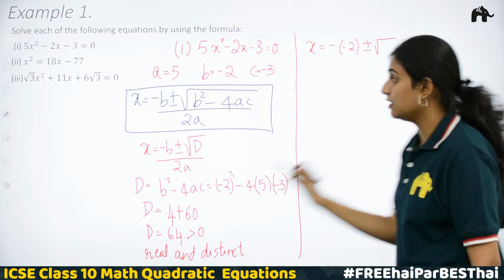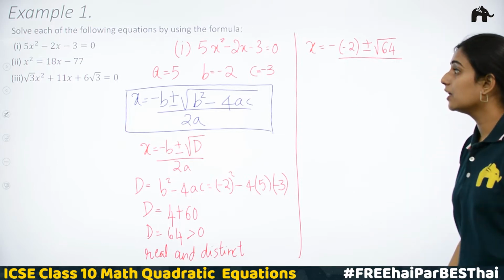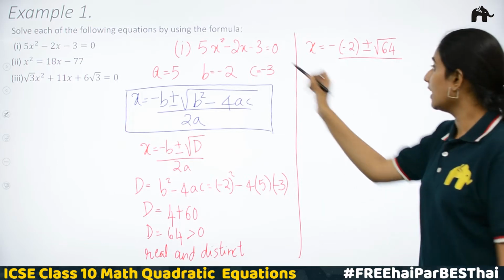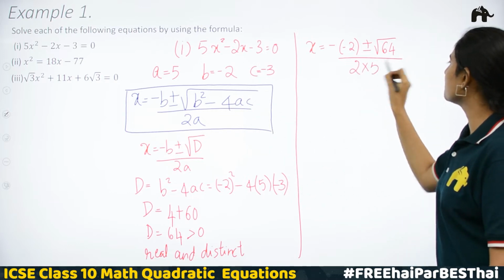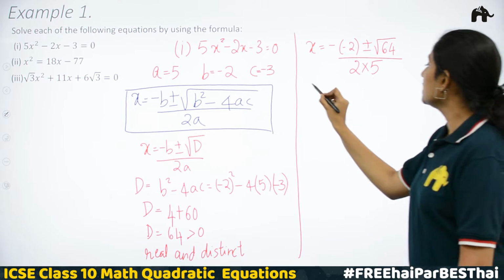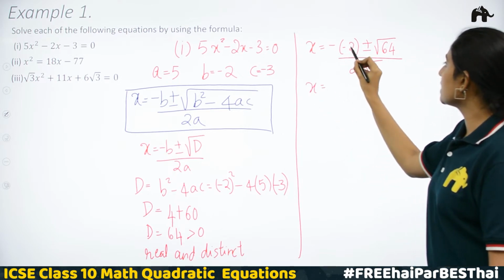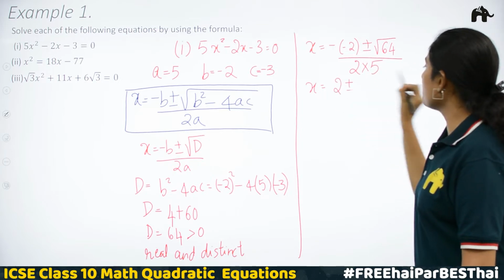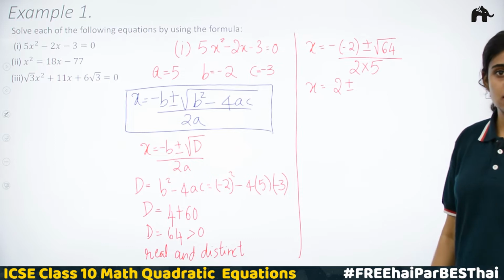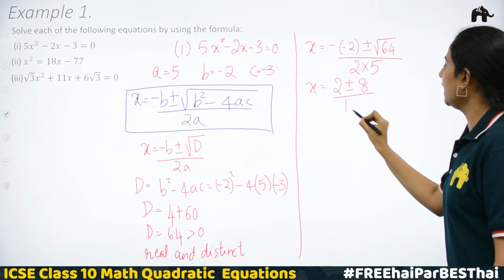Discriminant is 64. Root 64 divided by 2a. A is equal to 5. That is 2 into 5. So the value of x can be minus of minus 2, that is plus 2, plus or minus root of 64. Root of 64 is 8, divided by 10.